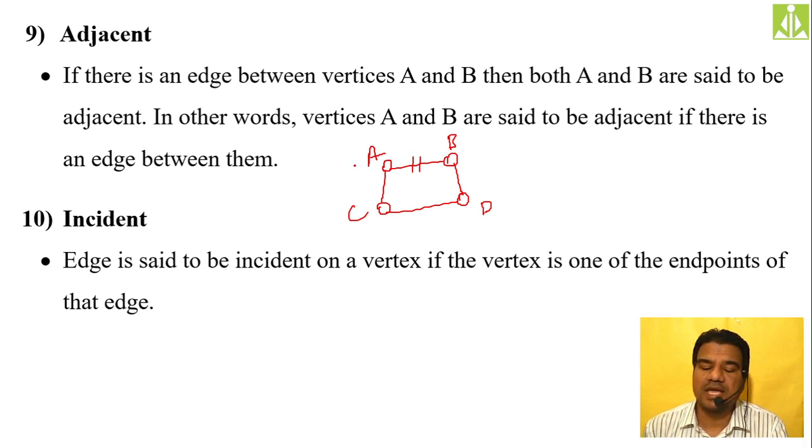So here, as A is one of the endpoints, edge AB is incident to vertex A, like this.